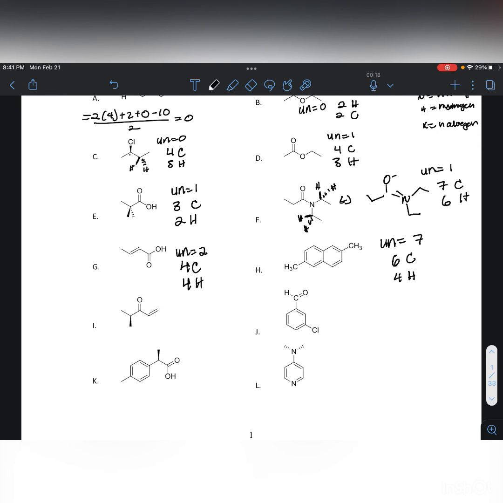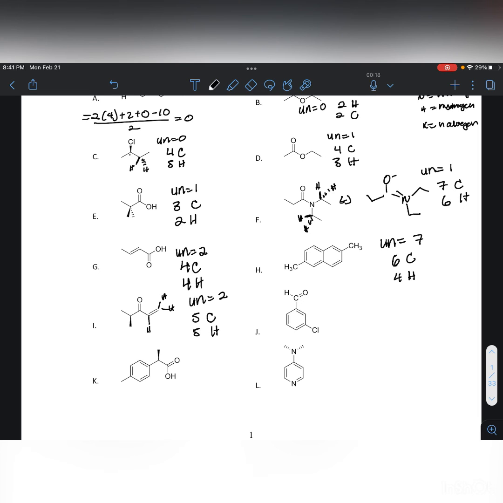And then finishing it off here for I, it's nice if you draw these hydrogens. The total degrees of unsaturation should be 2. There should be about 5 carbons and then about 5 hydrogens.